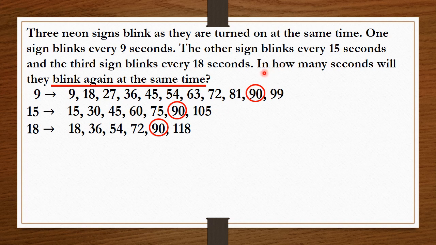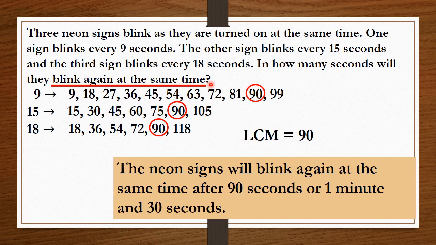Therefore, the answer to the question, in how many seconds will they blink again at the same time? Since our LCM is 90, the neon signs will blink again at the same time after 90 seconds or 1 minute and 30 seconds. Next one.